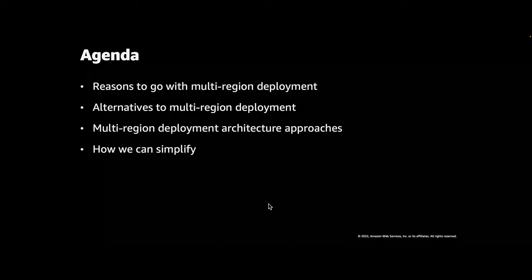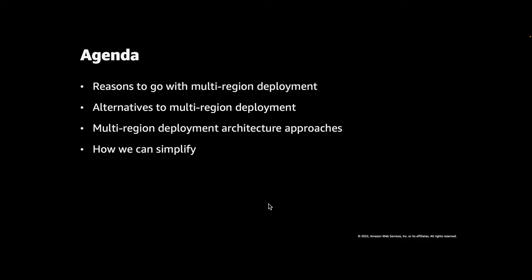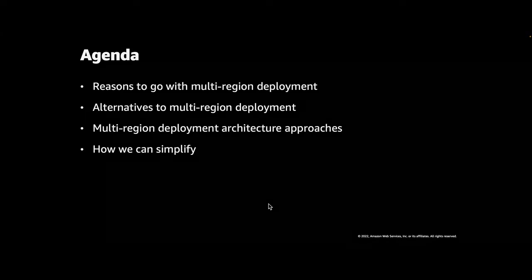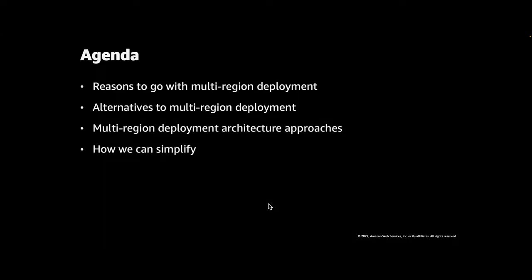Some alternatives to multi-region deployment, what the multi-region deployment architecture approaches are, and how we can simplify to make the most of these architectures depending on the customer requirements and also the use case.